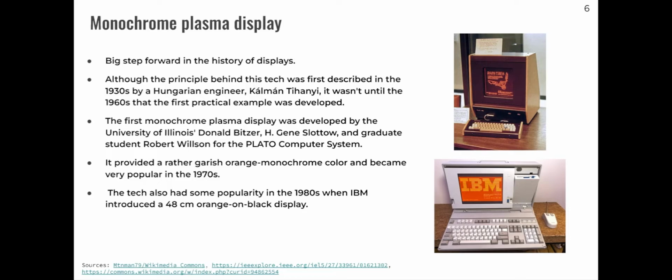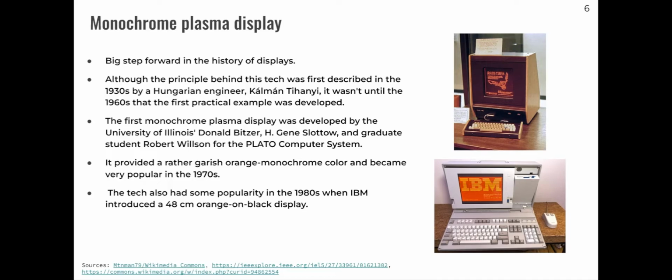By the end of the decade, orange monochrome plasma displays were used in a high number of high-end portable computers such as the Compaq Portable 386 and the IBM P75. Here on the bottom right, we can see the picture of the IBM P75. It was pretty bulky actually.